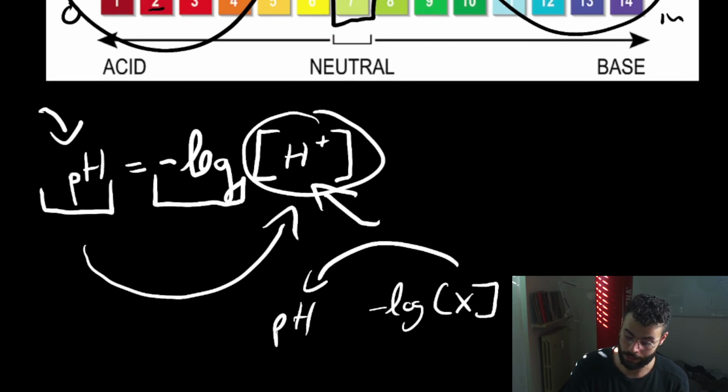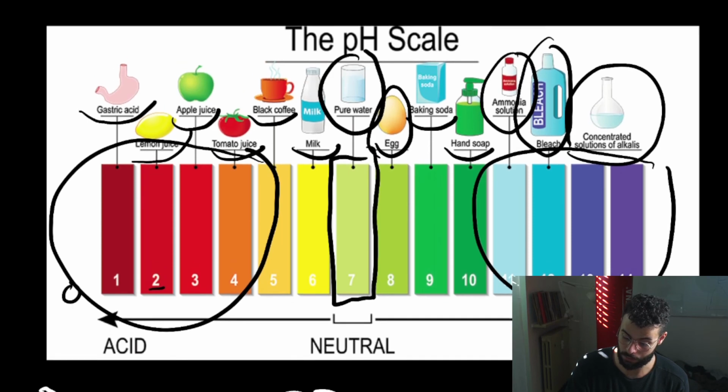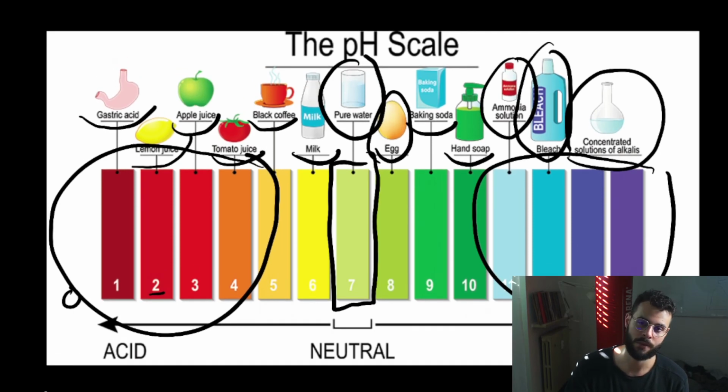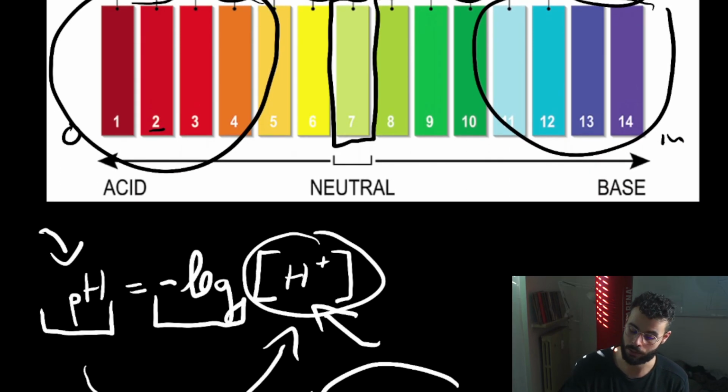Now, another thing I didn't mention is that when it comes to the pH scale, we also have something called the pOH scale. The pOH is a representation of the concentration of hydroxide ions you have in your environment, and it is exactly like the pH scale, but it only talks about the hydroxide ions.